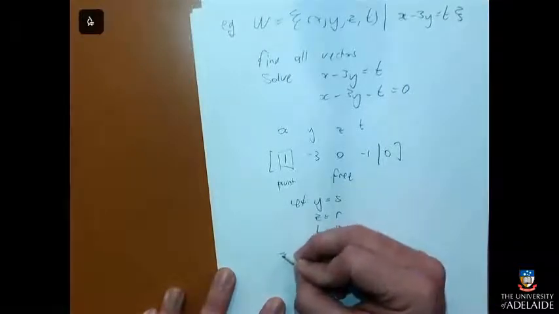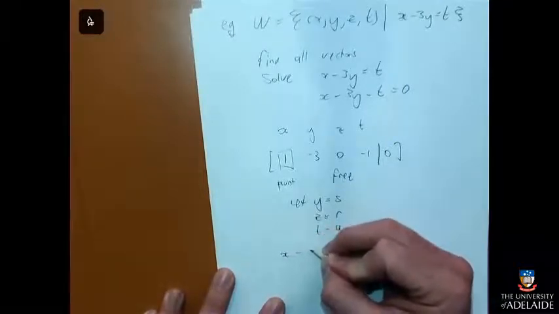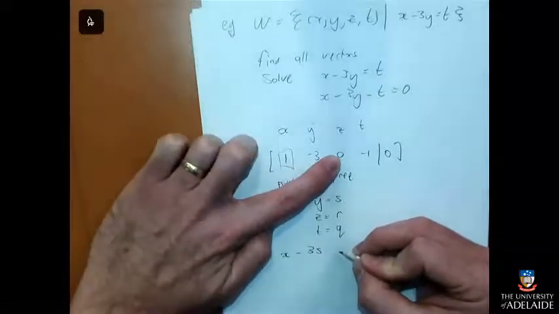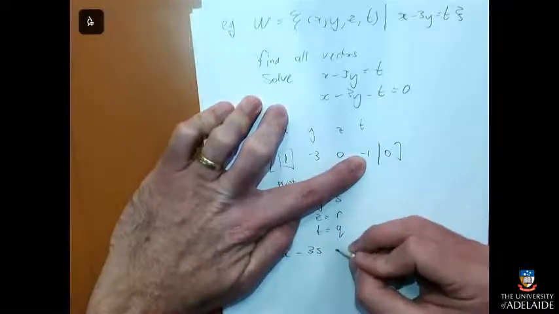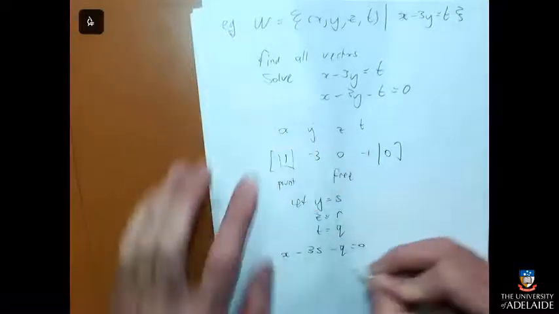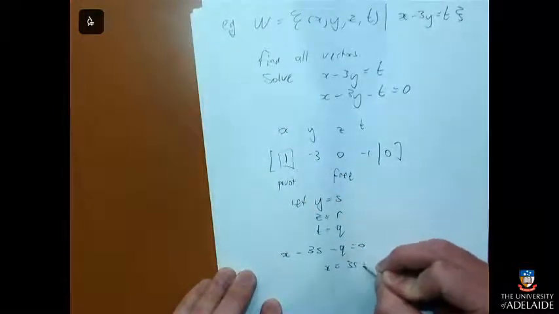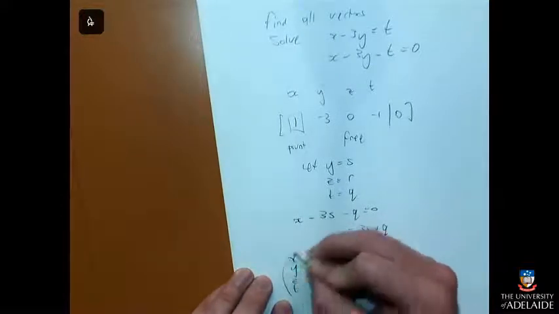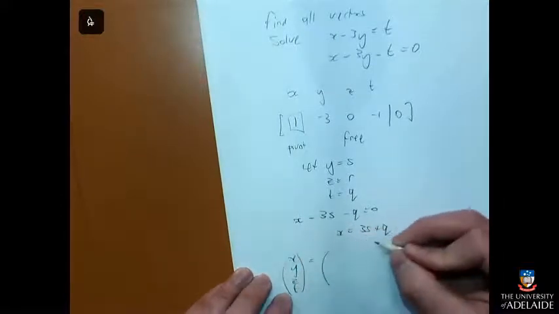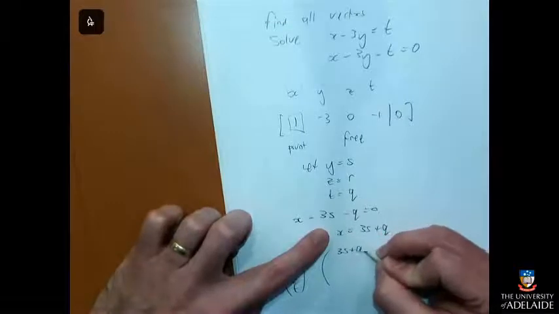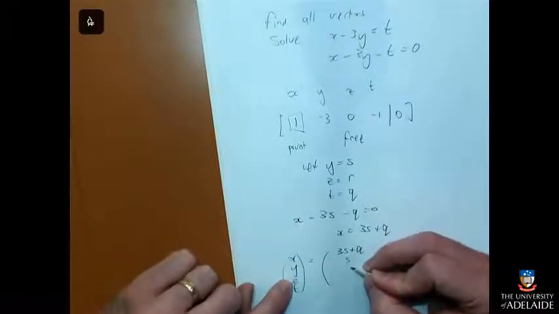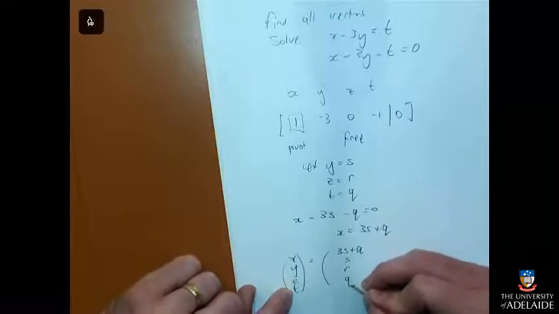And so I've got that x minus 3y, but y is s, plus 0r, minus 1t, but t is q, equals 0. And so x, y, z, t is, the x is 3s plus q, the y is s, z is r, and the t is q.